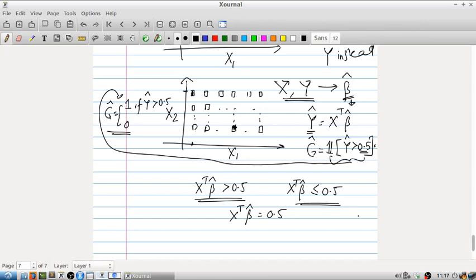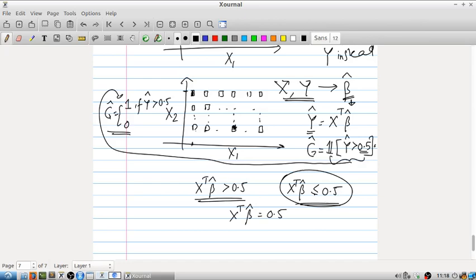Then if x transpose beta hat is less than 0.5, we classify it as orange, because x transpose beta hat is the value that y takes, and if it is closer to 0, we push it to 0. Since 0 represents orange, as long as this condition holds, we color that x orange. But when does the condition stop holding?